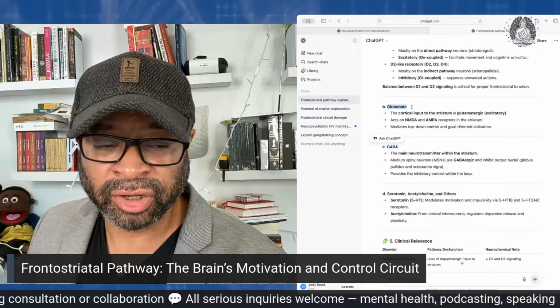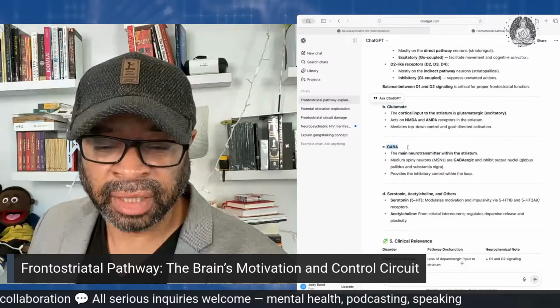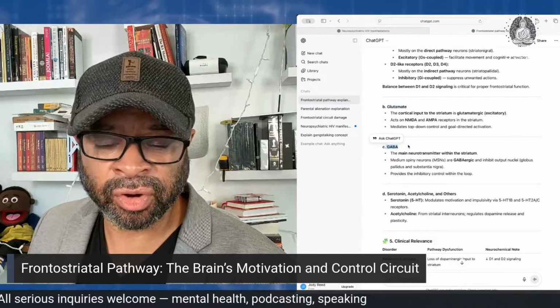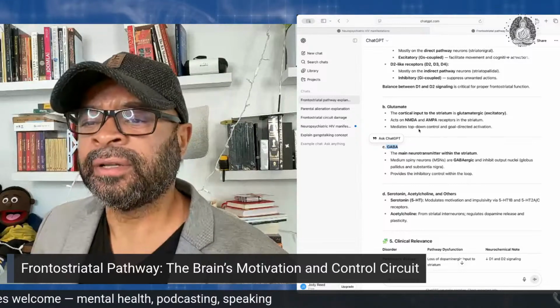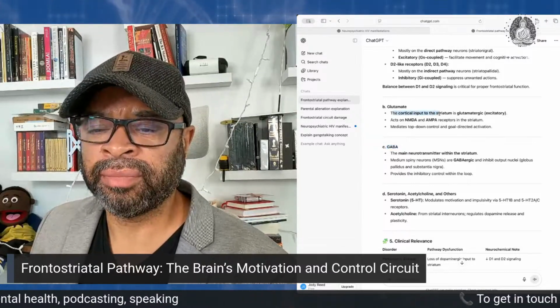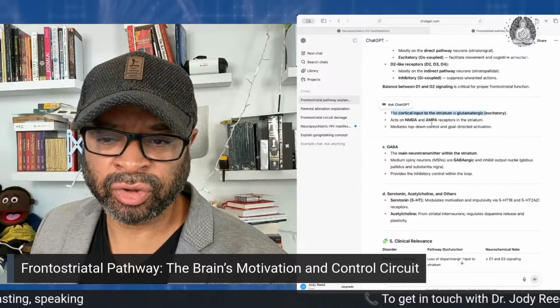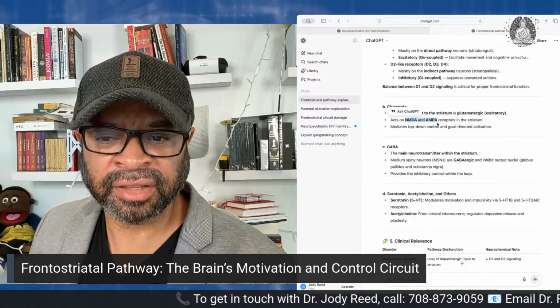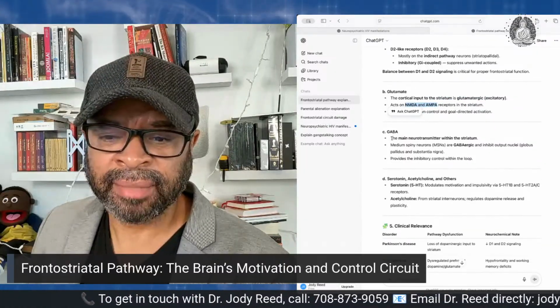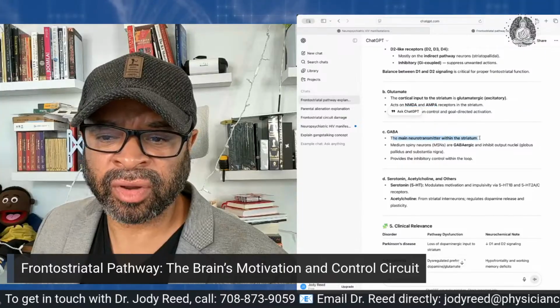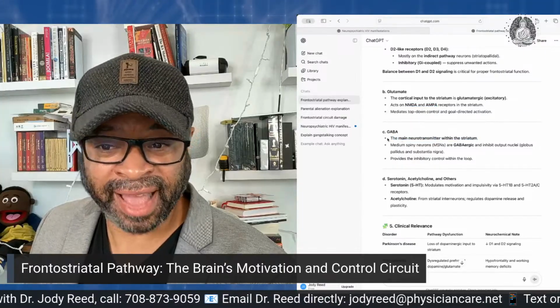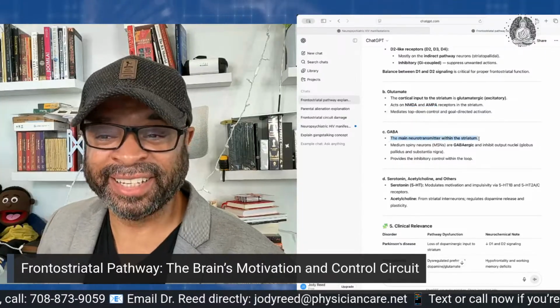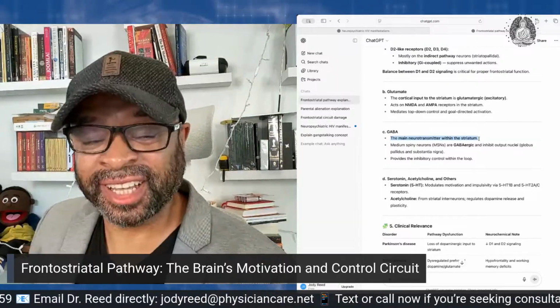So glutamate turns the whole organism on and up, and GABA turns the whole organism off and down, right? The cortical inputs to the striatum are glutamatergic, excitatory. NMDA is one type of glutamatergic receptor. AMPA is another type. GABA is the main neurotransmitter within the striatum. It has to be the main one to shut things down, right?